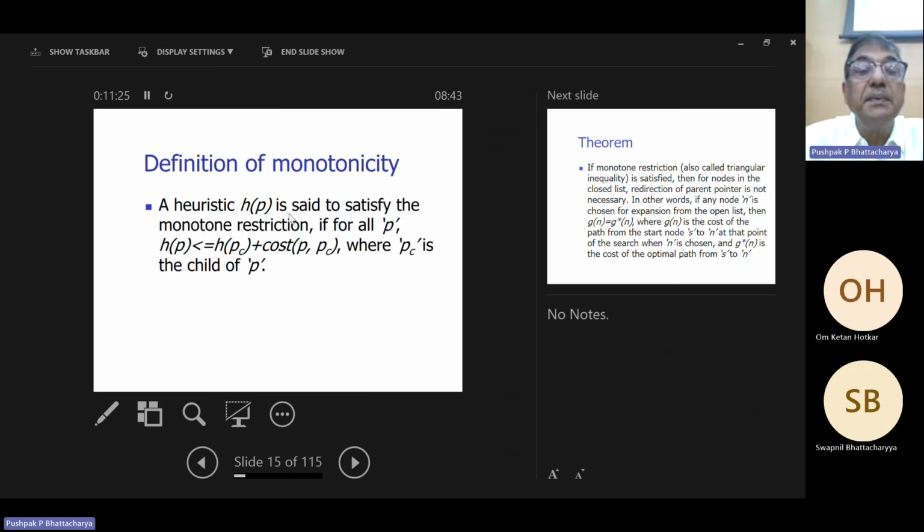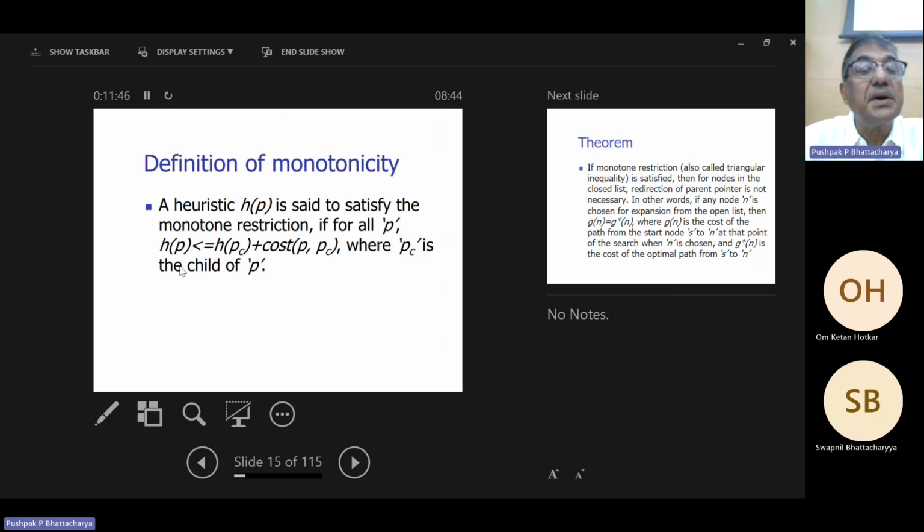A heuristic h(P) is said to satisfy the monotone restriction if for every P in the graph, h(P) is less than or equal to h(PC) plus cost of (P, PC). So this is really the triangular inequality.